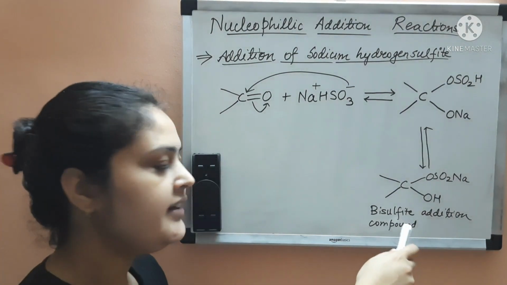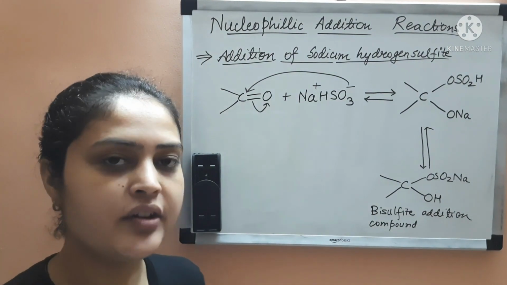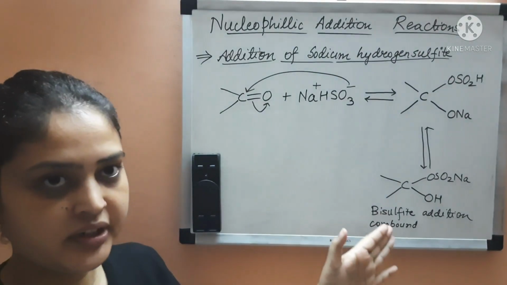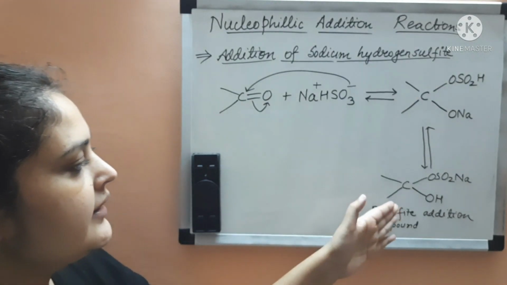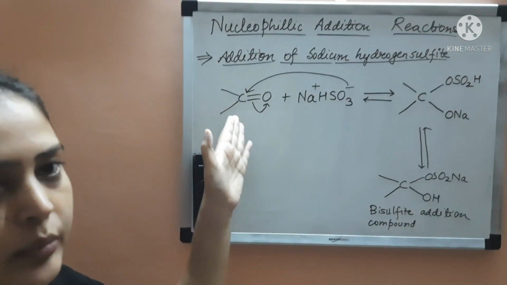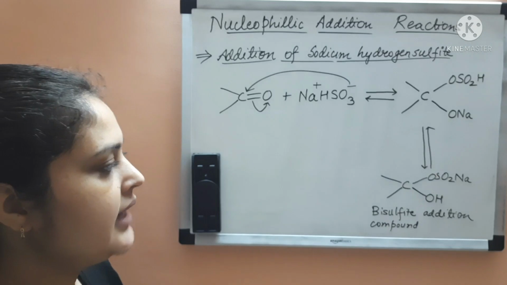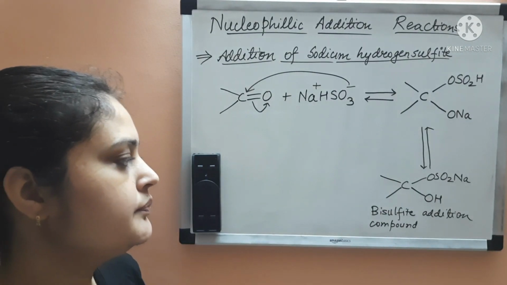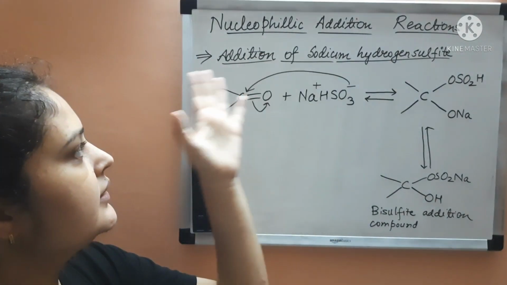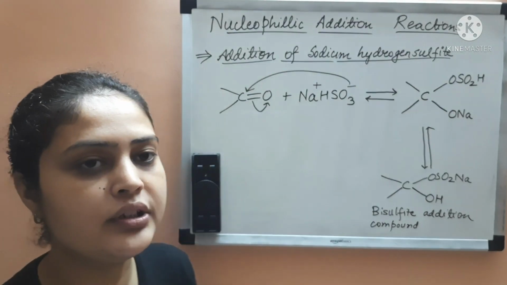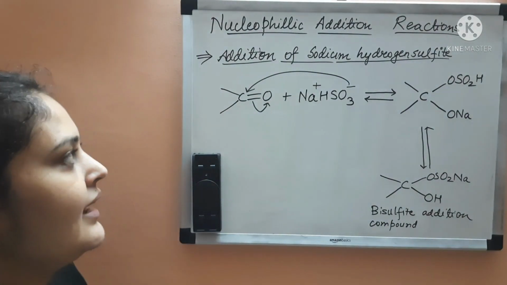This bisulfite addition compound is water soluble, and when treated with mineral acid or alkali, it will give back the original carbonyl compound, that is aldehyde or ketone. That is why this method, the addition of sodium hydrogen sulfide, is used for the purification of aldehydes.